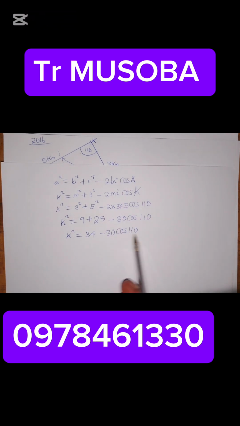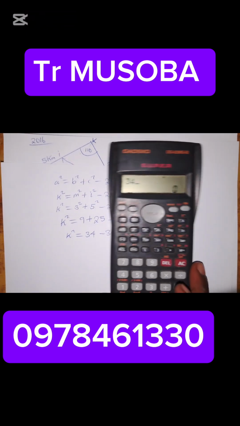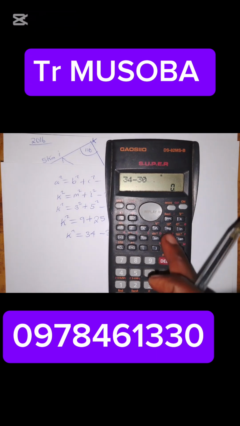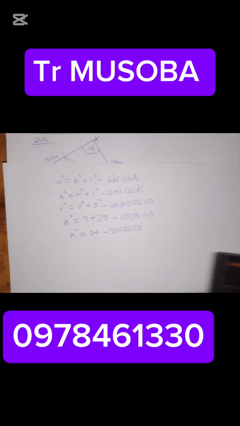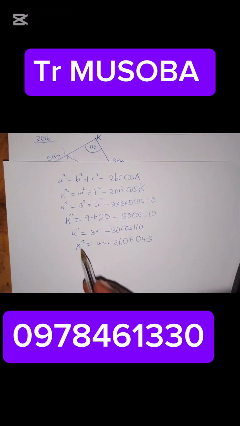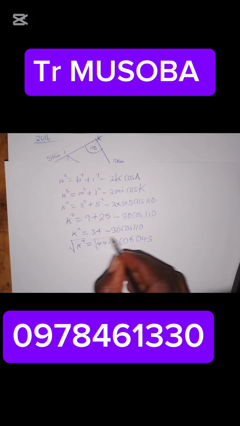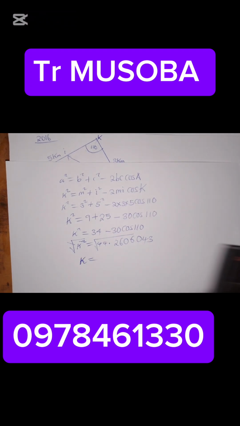Now we need to write this on the calculator. We say 34 minus 30 cos 110. Then we place the equal sign. We have 44. Now we need K, not K squared. So we introduce the square root. The square and the square root cancel out. So K, small letter K, is equal to the square root of the answer.